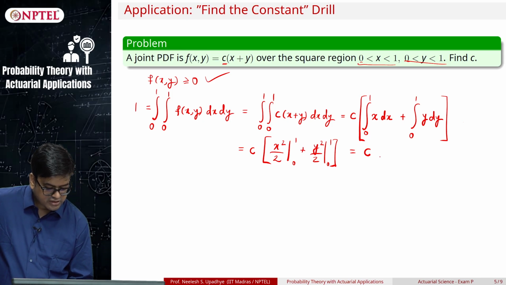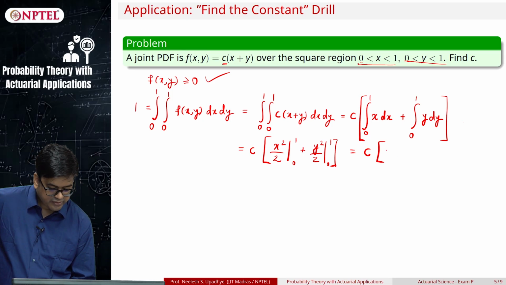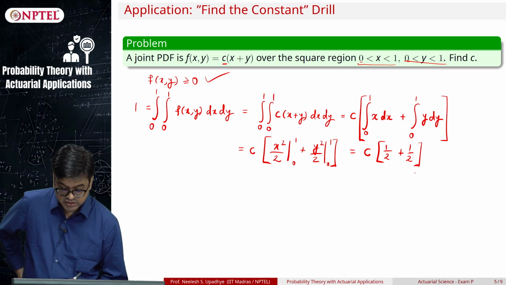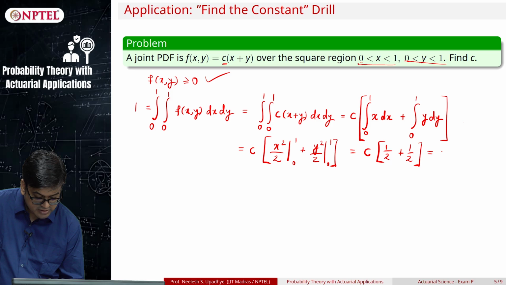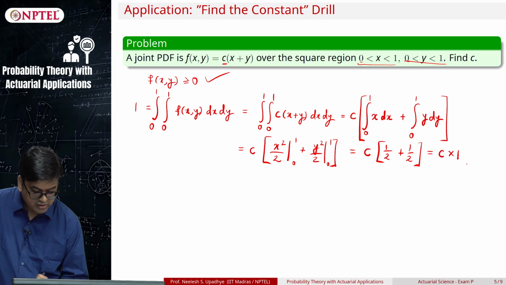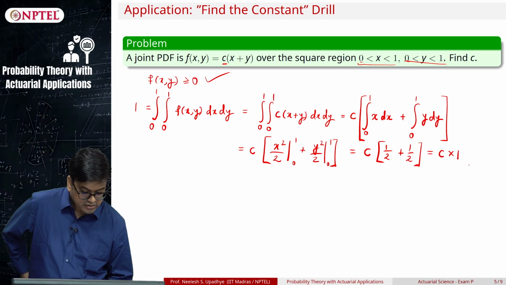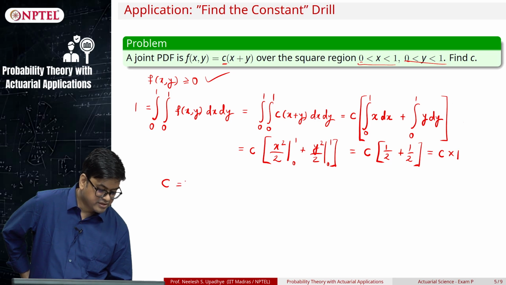So, it is c into 1 by 2 plus 1 by 2. Then this becomes c into 1 is equal to 1. So, c is equal to 1 in this case.